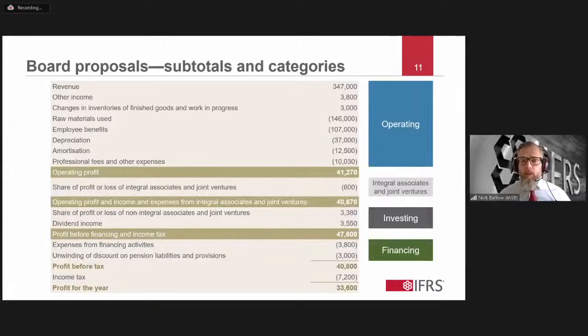It also would include interest on other liabilities. We can see it in the example here, unwinding of a discount, for example, on pension liabilities or provisions. And not shown on the slide, we would also include in this category interest on cash and cash equivalents. The reason for that is that many users see excess cash as net of the financing activities, and the board thought cash and cash equivalents was a good proxy for that, and so it is included in the financing category.